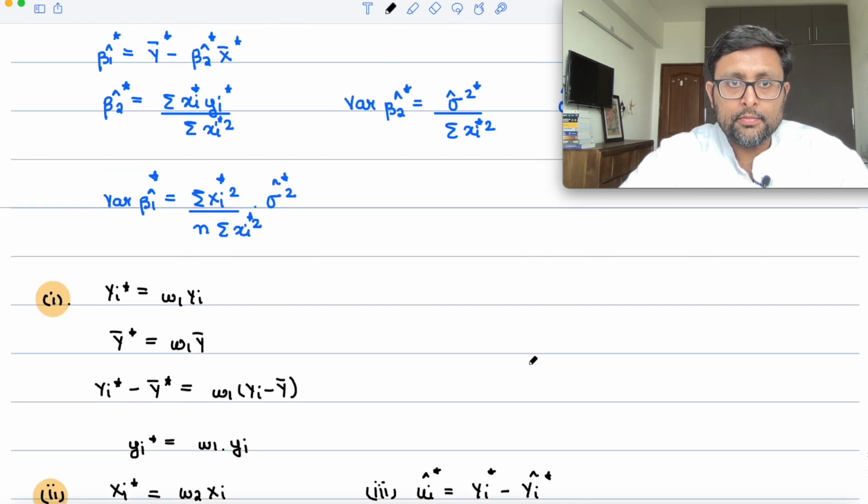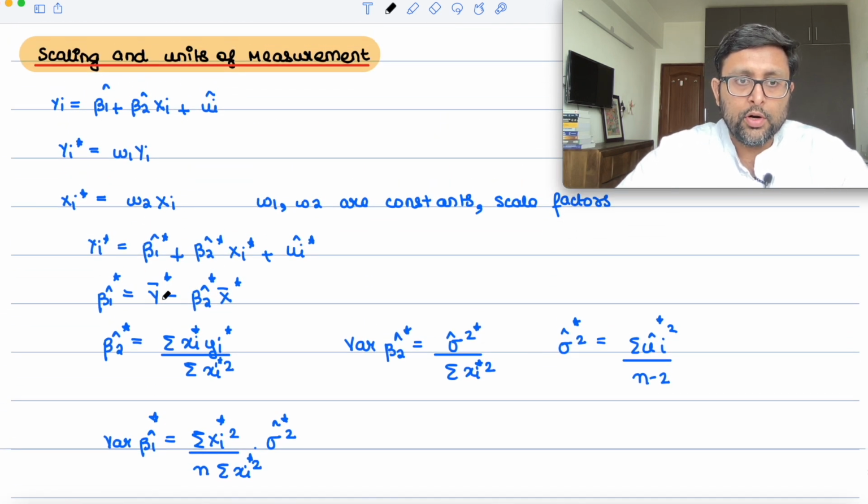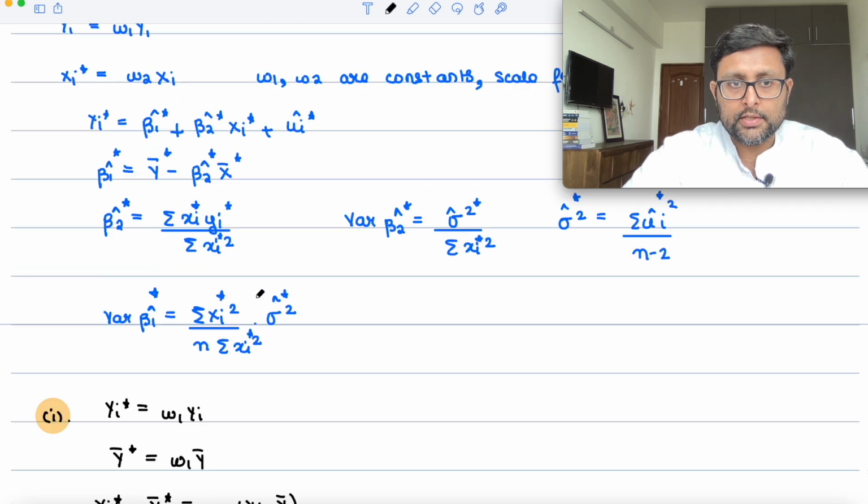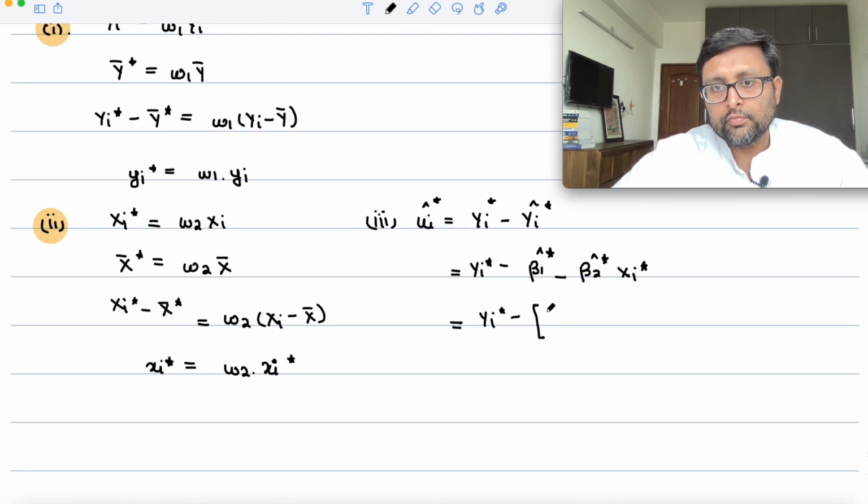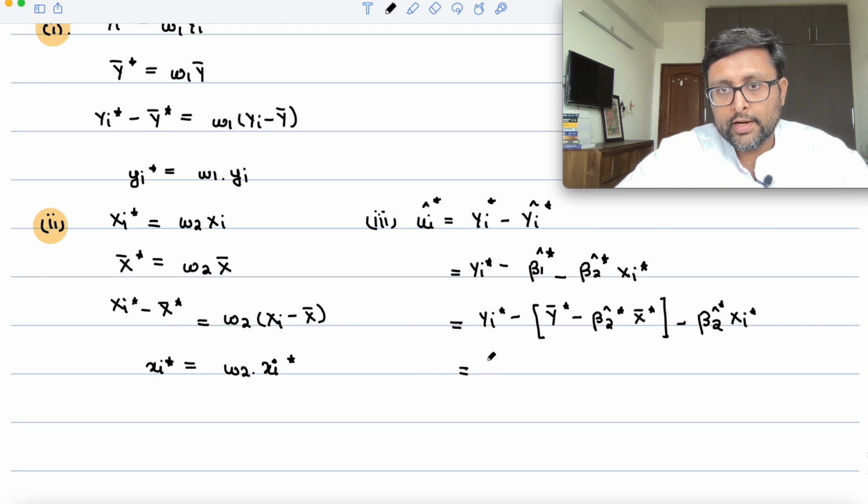What is beta 1 hat star? You have just written this, which is what? Y bar star minus beta 2 hat star x bar star, right? What can I write? Capital yi star minus y bar star, right? And this will become what? Minus minus will become plus, and you have minus out here.